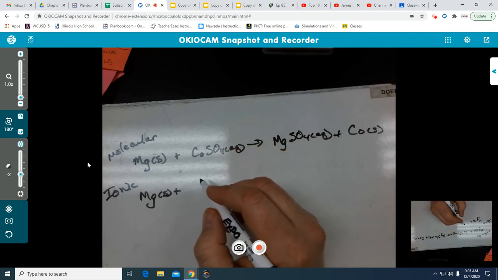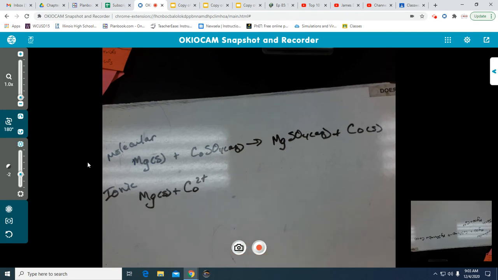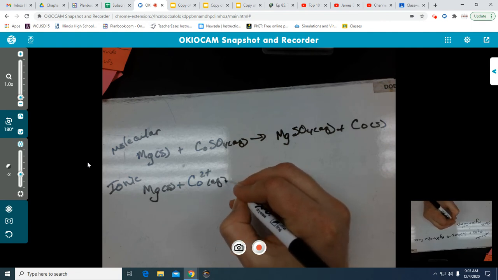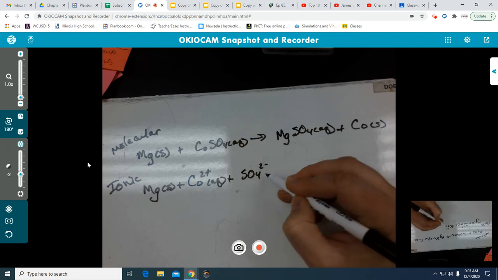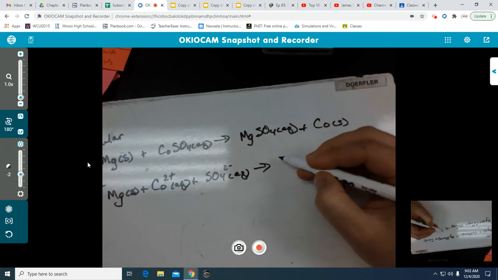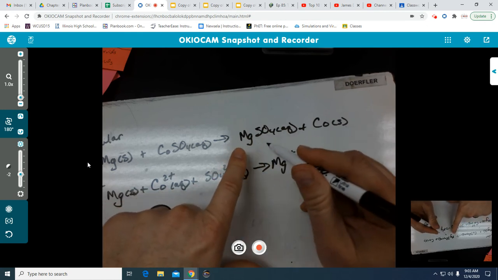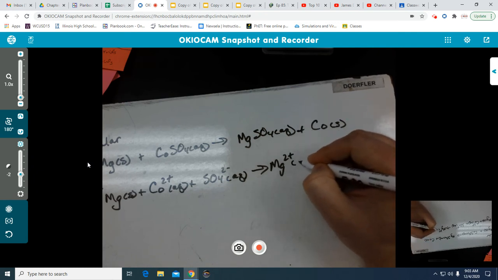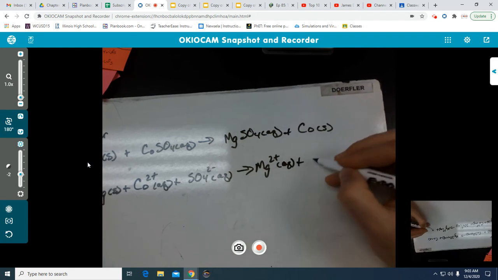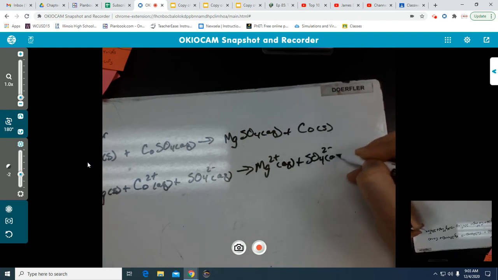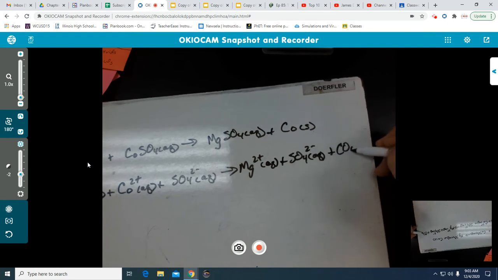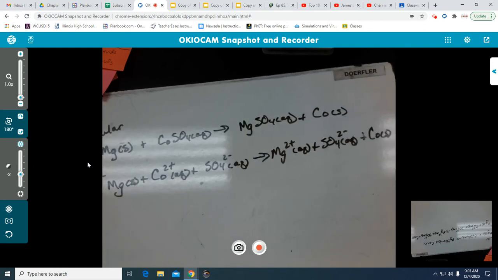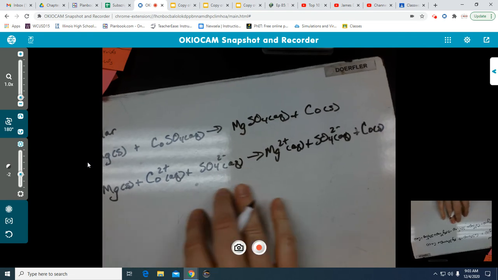So we're going to have Co2+, because we're going to put the ionic charges in parentheses here, aqueous, plus SO4 2-, aqueous, will yield Mg2+, because based off of how we formed this product, we have a 2+ because of the ionic charges, plus SO4 2-, plus Co, it's C little o, solid. So that's our ionic equation.